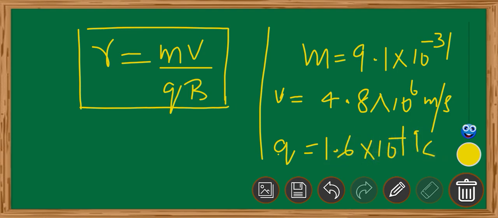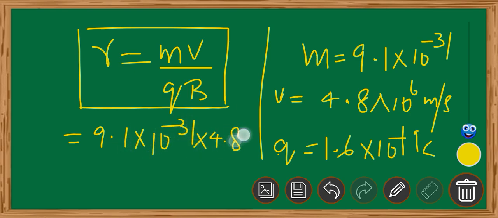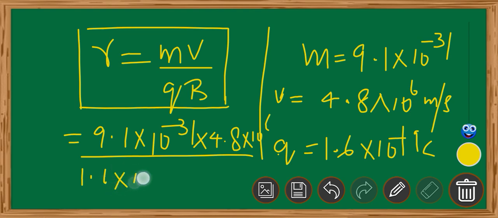So we have to substitute everything here: m = 9.1 × 10^-31, v = 4.8 × 10^6, divided by q = 1.6 × 10^-19 into B. What is B? It is given as 6.5 gauss. So 6.5 × 1 gauss equals 10^-4, that is 6.5 × 10^-4.